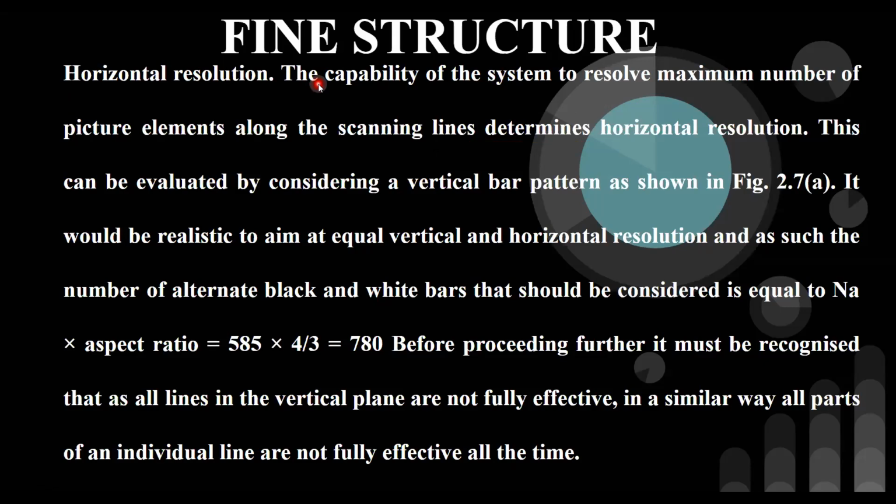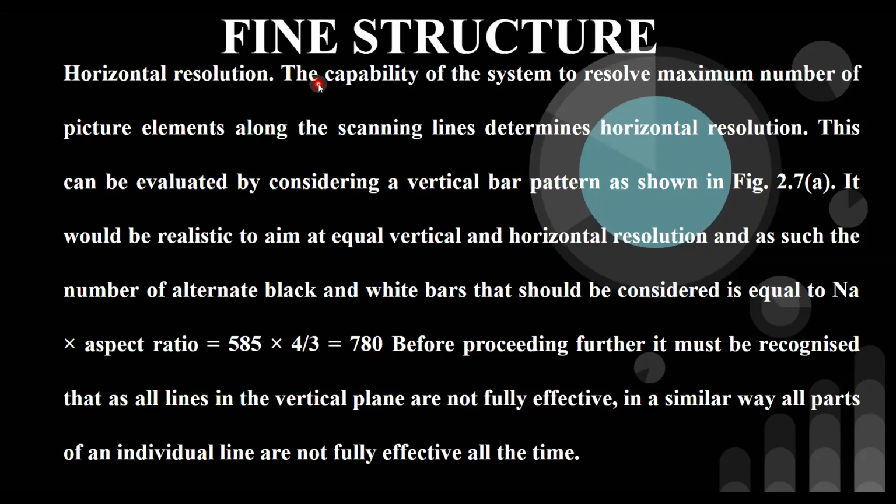So the capability of the system to resolve the maximum number of picture elements along the scanning lines. So scanning along the scanning lines. The capability of the system along the scanning lines determines horizontal resolution.